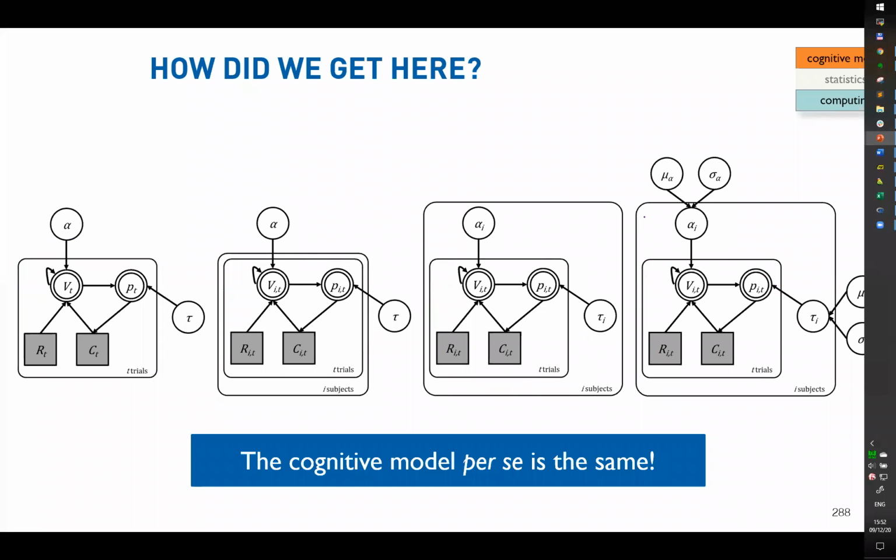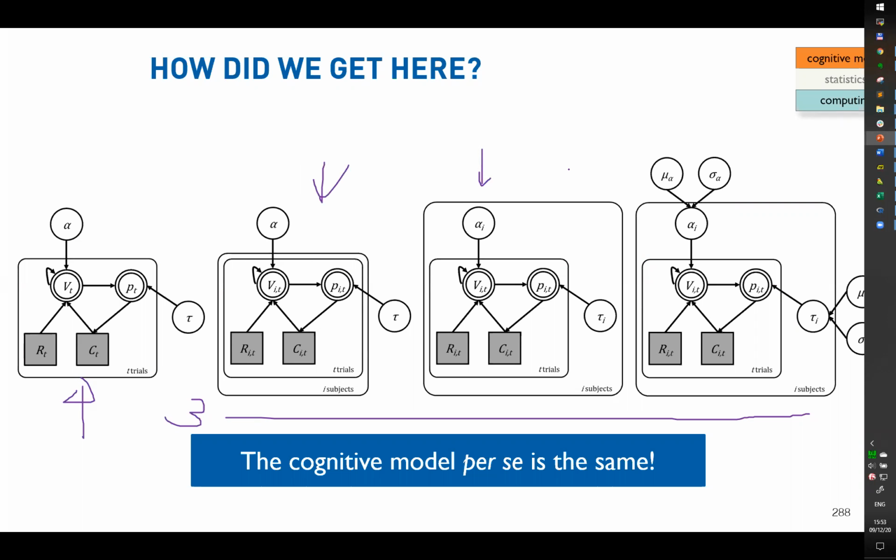So the difference across all of the four illustrations is the way of parameter fitting, especially these three, because here is only one person. So across these three illustrations, the difference is how we fit it, how we specify the hierarchical structure. You could imagine this one and this one, there is also a hierarchical structure, but quite extreme.